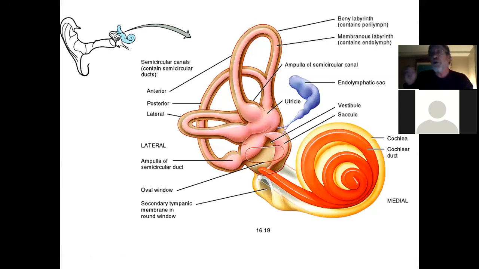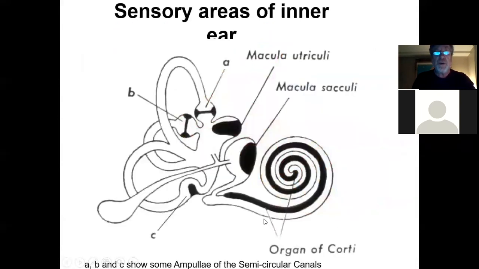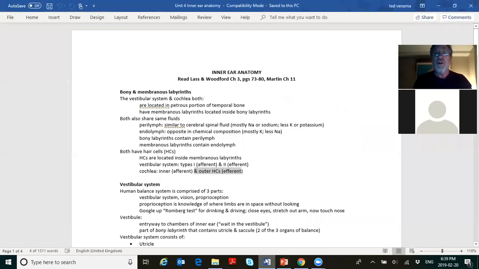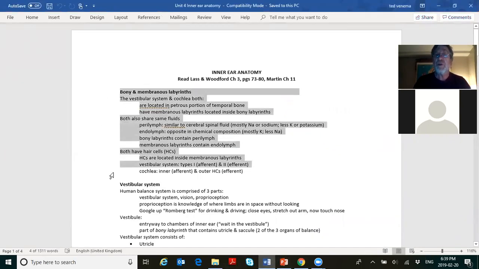Type 2 gets info from the brain. In the cochlea, inner hair cells send info to the brain, outer hair cells take info from the brain. So that is all the general purpose of that first introductory paragraph here. Look at it very carefully because it helps you get your orientation of the whole thing.